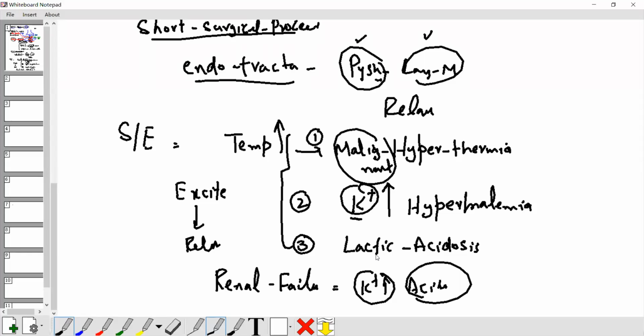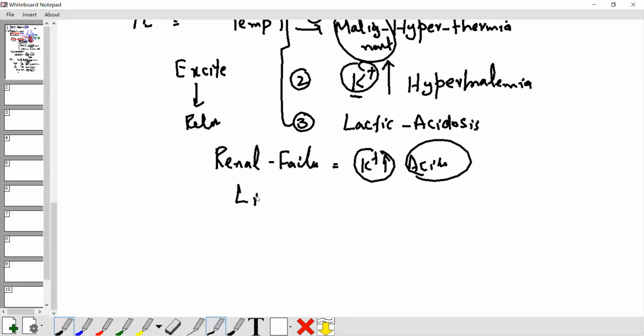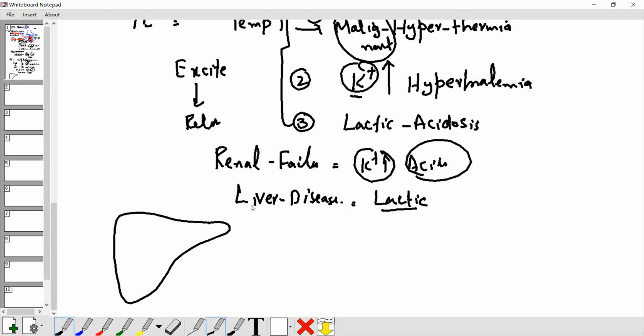Besides renal failure, also take care in case of liver disease. In liver disease, pH is also disturbed. This lactic acid comes from muscle. Where is the lactic acid going? The muscle gives you lactic acid, and this lactic acid goes to the liver. The liver changes it to glucose.